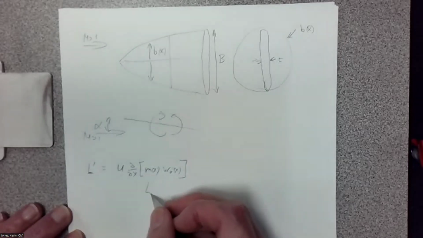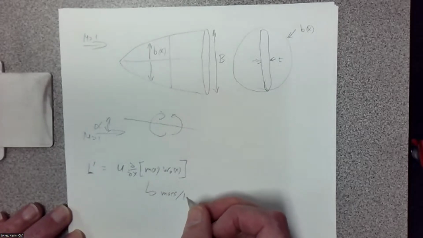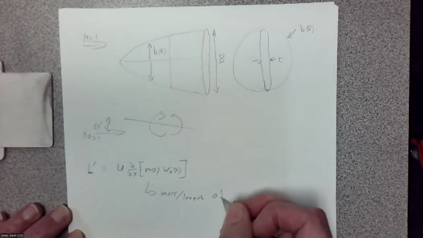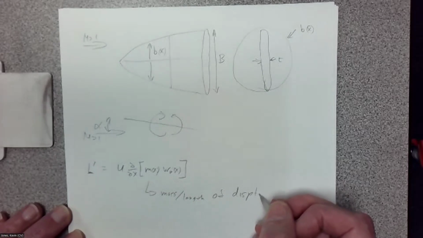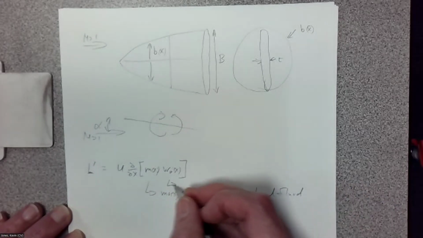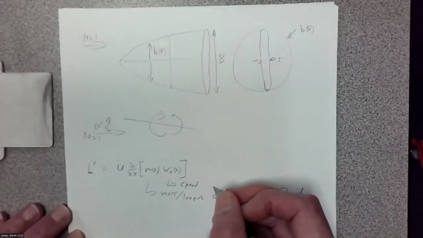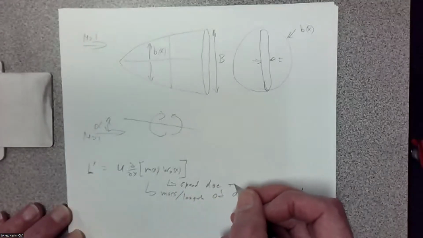And if you remember, this was the mass per length of displaced fluid. And this was the speed due to alpha.